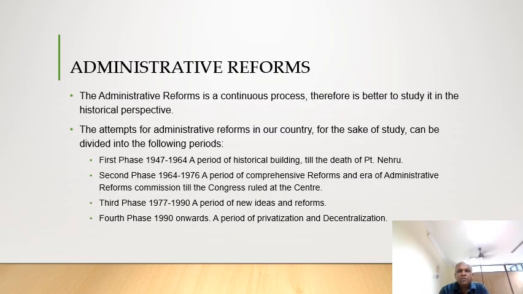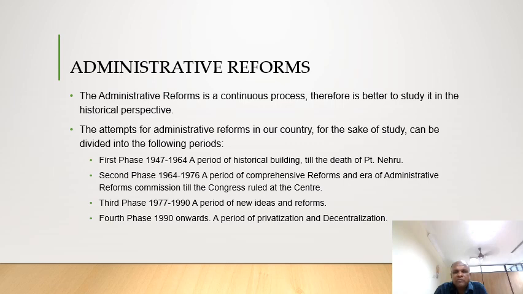Administrative reforms. This is a major topic in Indian administration. Administrative reform is a continuous process. Therefore, it is better to study it in historical perspective. The attempts at administrative reform in our country, for the sake of study, can be divided into the following periods.